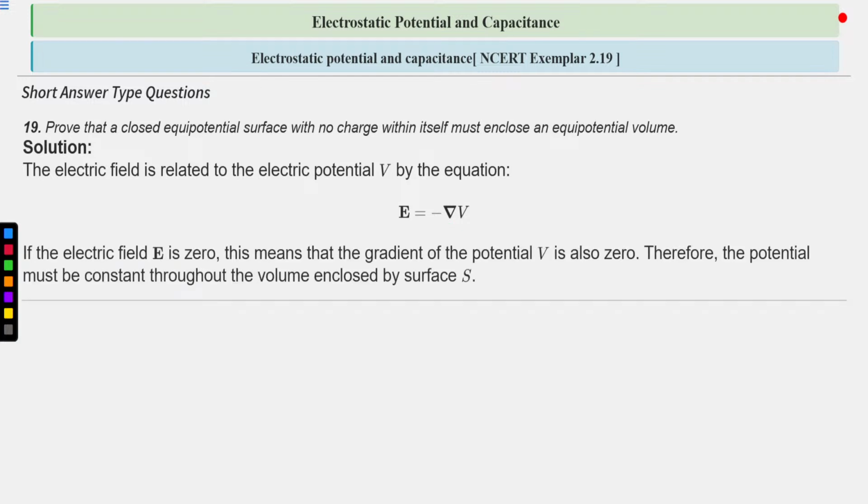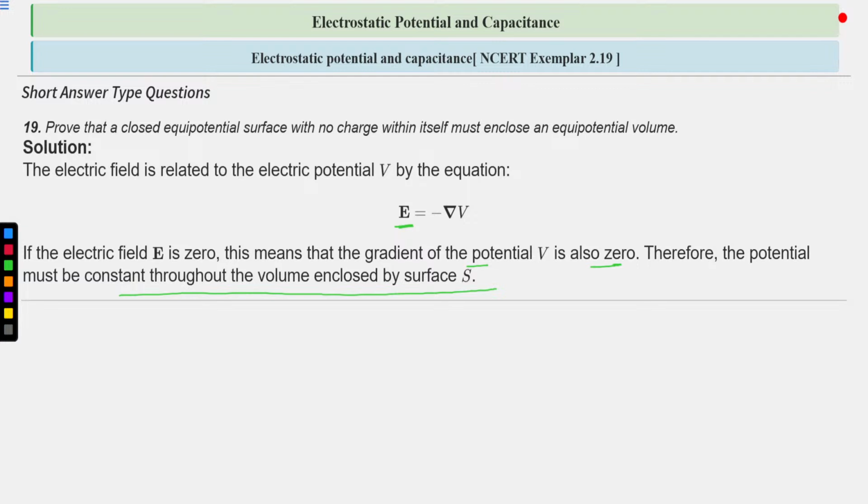So if electric field is 0 inside, okay, if there is no charge, then electric flux through the surface is 0, also electric field inside the surface is 0, and if electric field is 0, this means the gradient of the potential is also 0, meaning dV by dr is equal to 0. Therefore potential must be constant throughout the volume enclosed by the surface S. So if dV by dr equals 0, it means potential is not changing inside the volume for any 2 points.